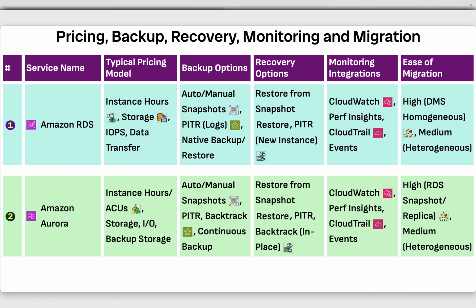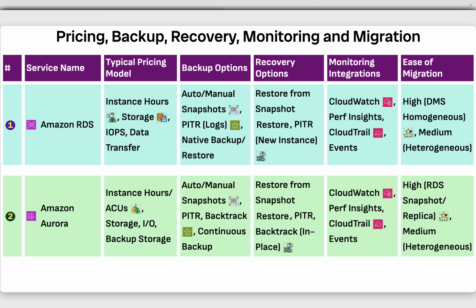Next comes Amazon Aurora, which is charged based on instance hours, Aurora compute units, storage, IO, and backup storage. So 4 parameters, all 4 will be charged. And backup options, you have automatic and manual snapshots, point-in-time recovery is a backtrack feature, and you have continuous backup also.